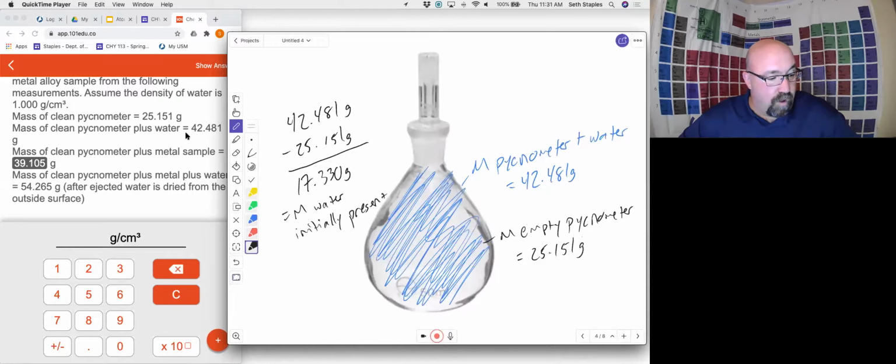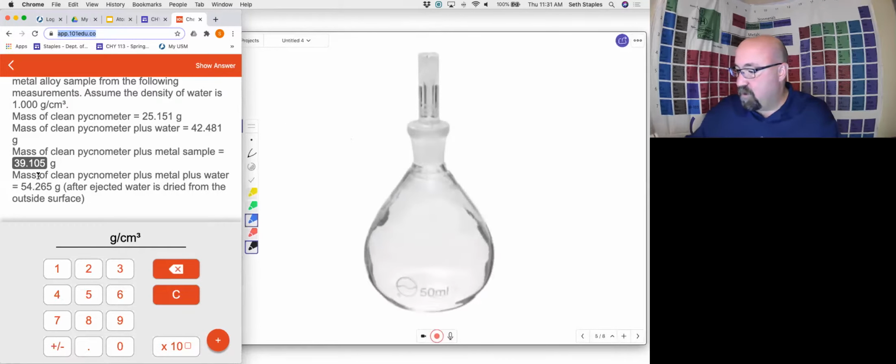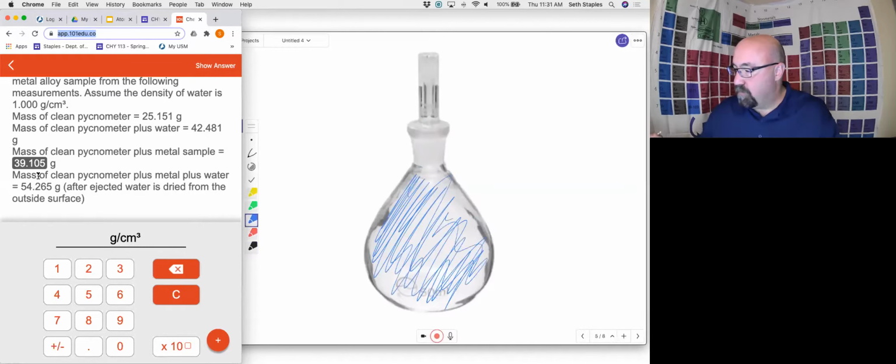We also know we're given some final information here, what the mass is of the pycnometer plus the metal plus the water that is left over after some is ejected. And so let's just take a peek at that. So remember what's going on here is we have our pycnometer with water in there. We drop our metal sample in. Some water is ejected.